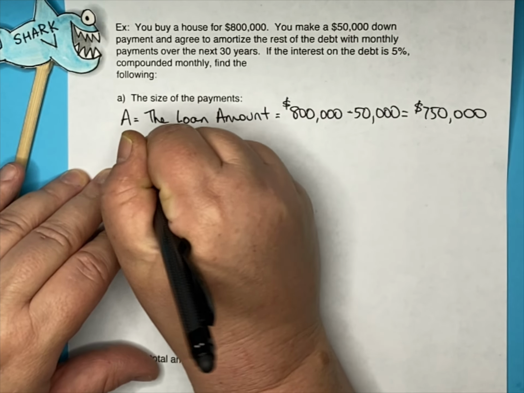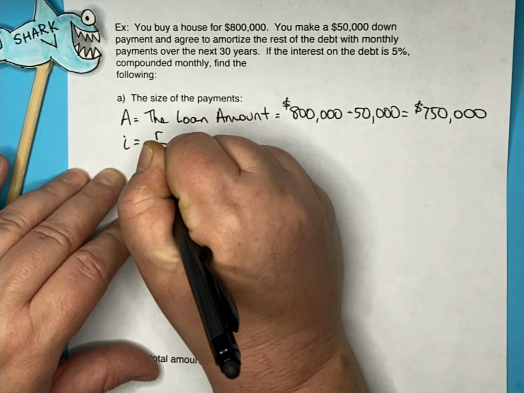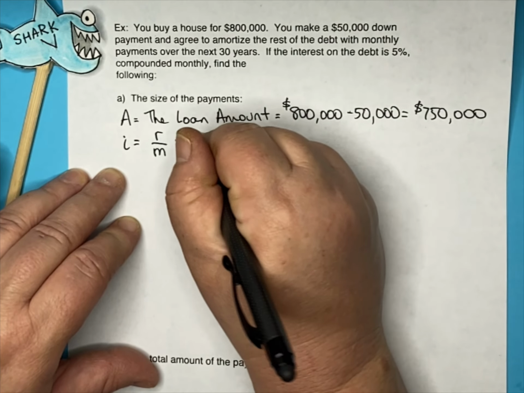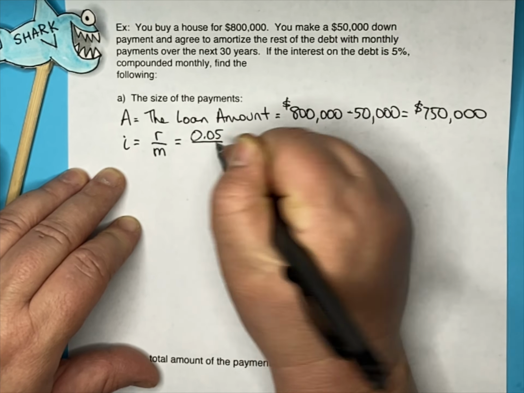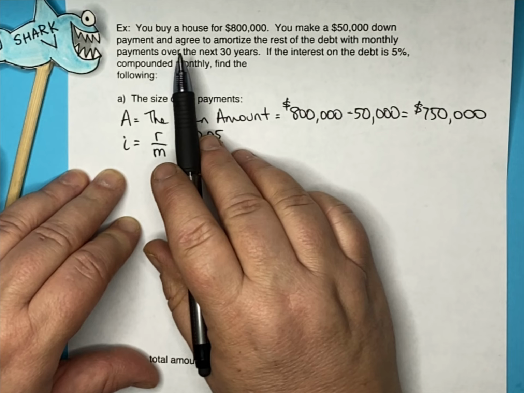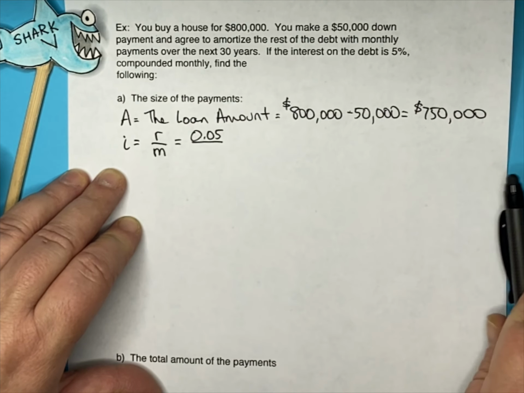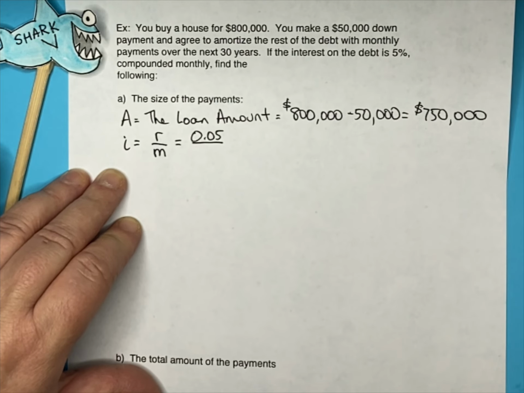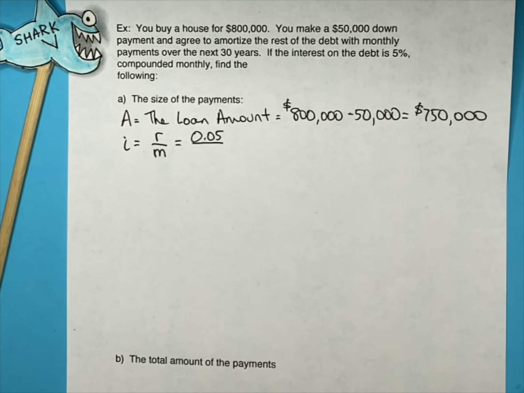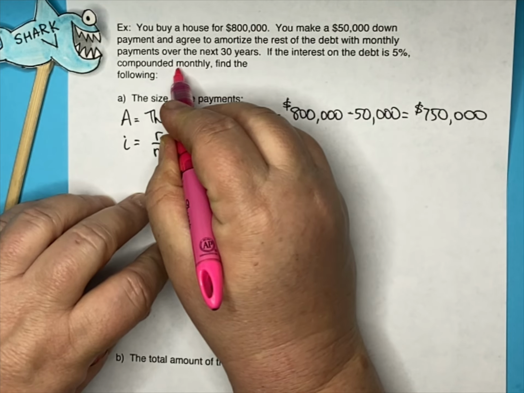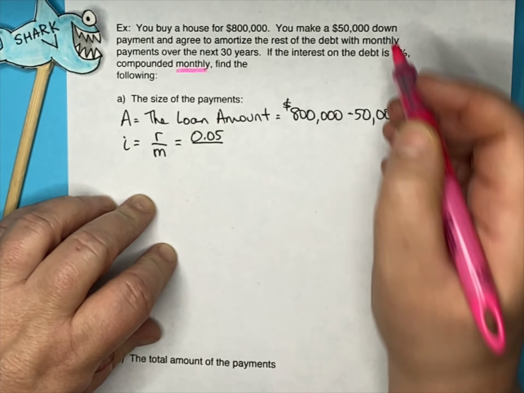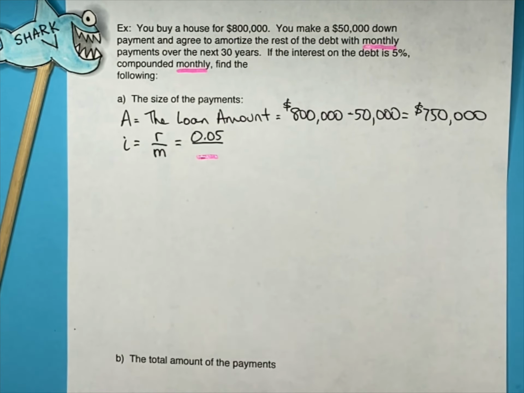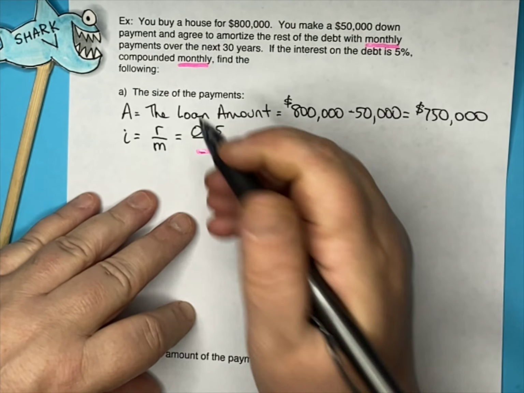The next thing we're going to need to know is the number of payments and the interest rate per period. So again, the interest rate is R over M, which in this case is 0.05 divided by, and this is monthly. Because we're compounding monthly, M is going to be 12.